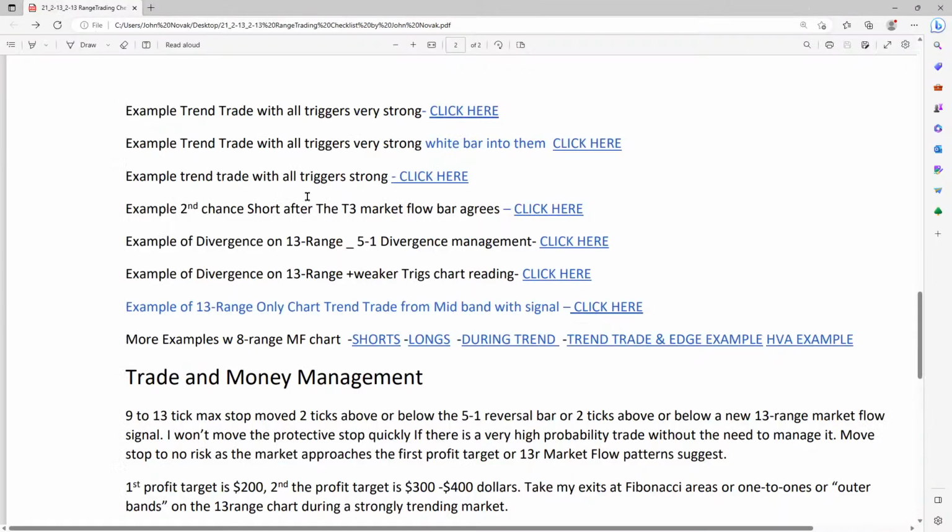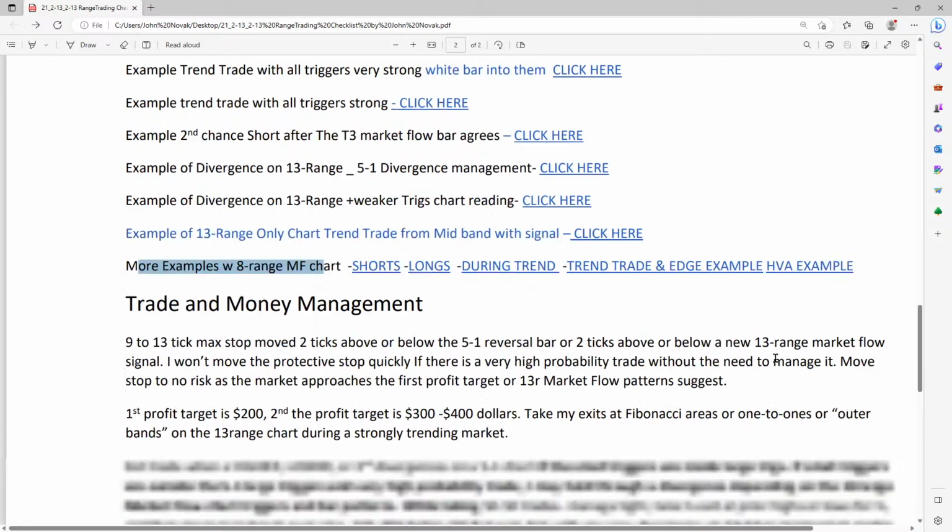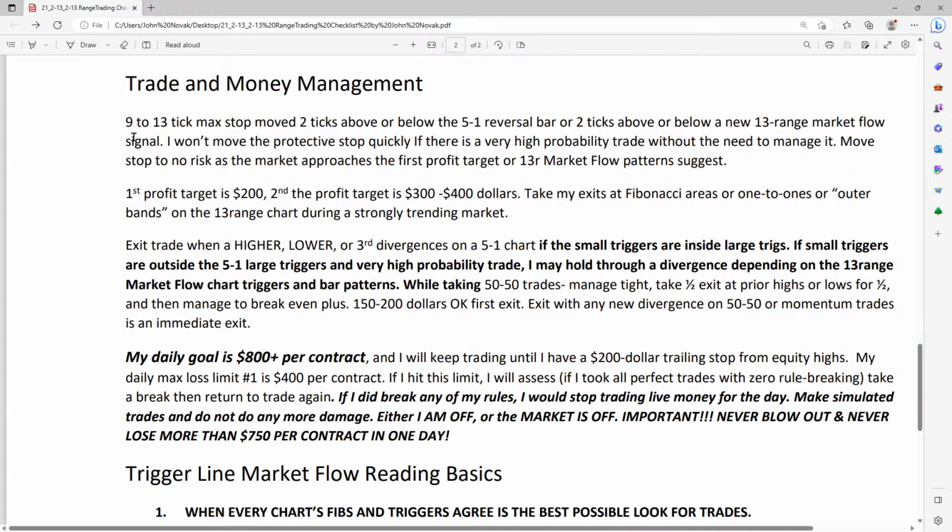And finally, I have more examples of an 8-range market flow chart. I'm not going to go through those. Now, I also put in my plan some trade money management. You guys want to hear it? You guys are more than welcome to steal, borrow, copy, emulate, alter, use, do whatever you want to do.